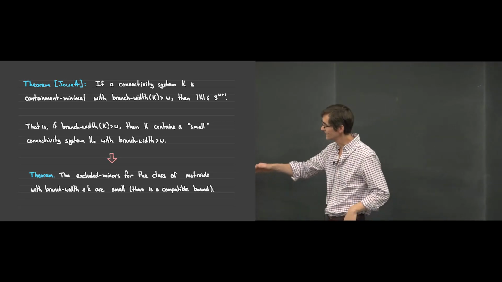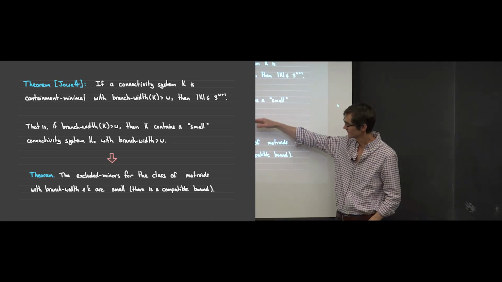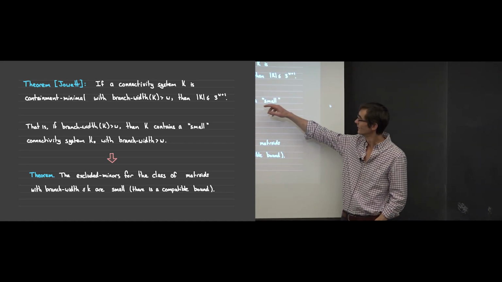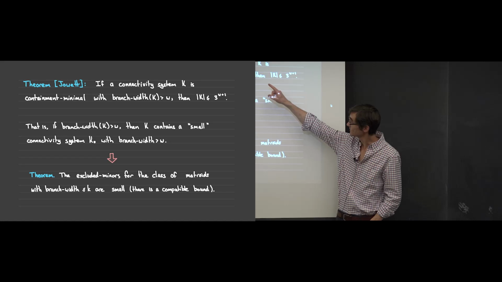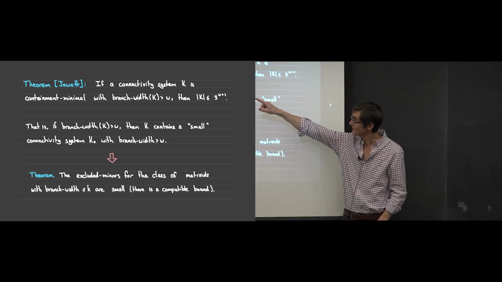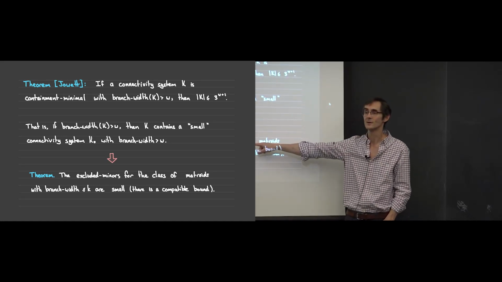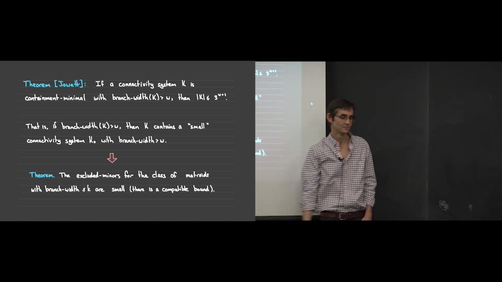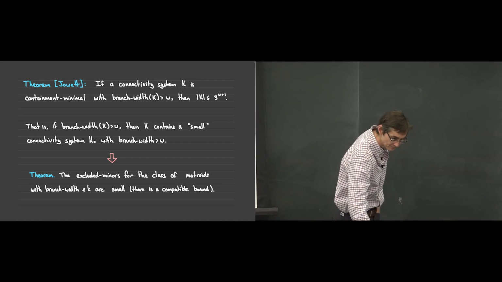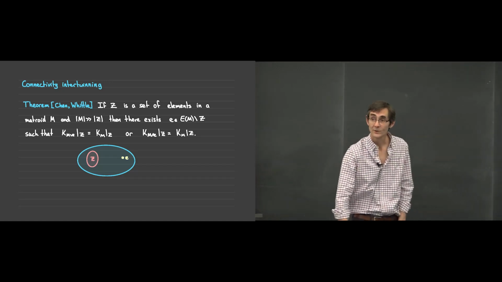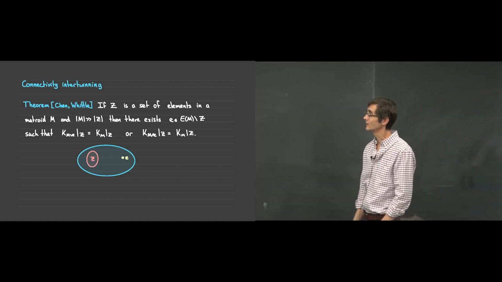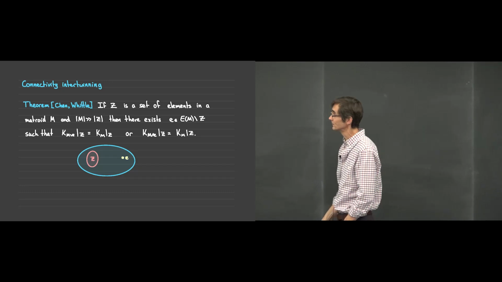And this is not obvious, this implication here, because Susan Jowett's theorem is talking about containment, and this is talking about minors. So what you need is this theorem of Chen and Whittle.